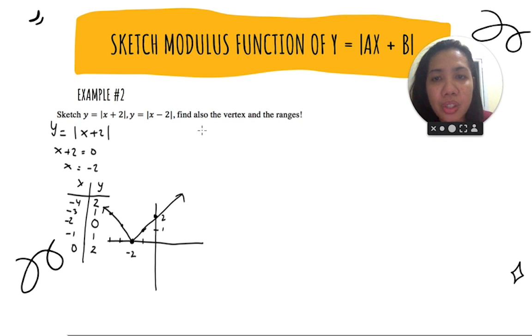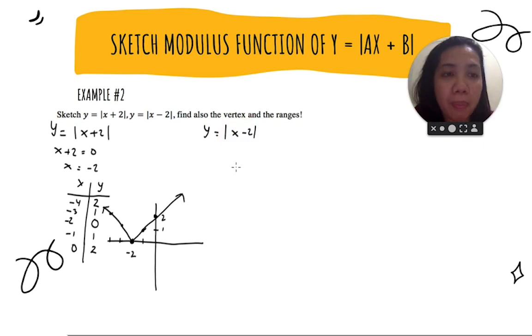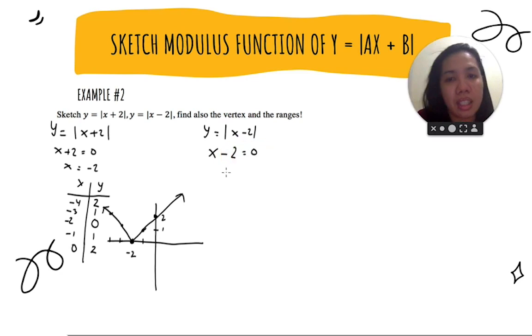Let's sketch y equals the absolute value of x minus 2. Using the same procedure, we find the vertex of this function. How to find it? Make the inside of the absolute value equal to 0. Here we have x minus 2 equals 0, which gives x equals 2.